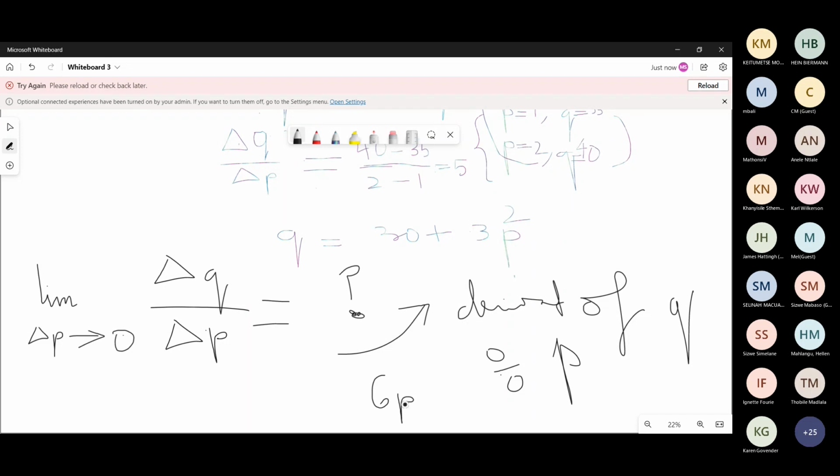But we'll see that after we find the formula to do that. We won't apply the definition again. We'll simply apply the formula when we do that on Wednesday.